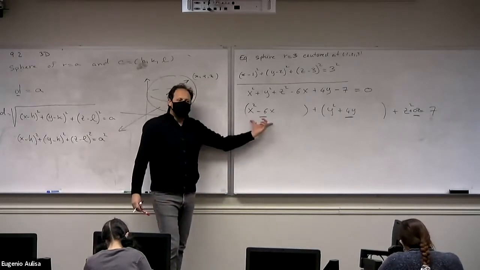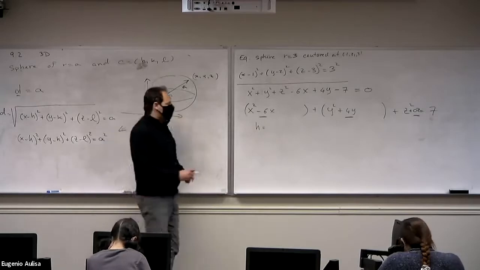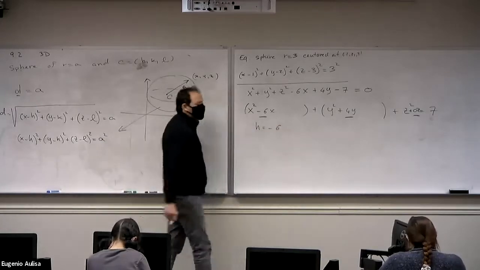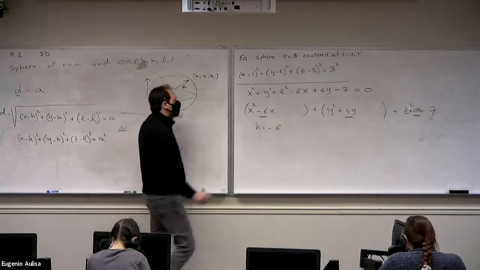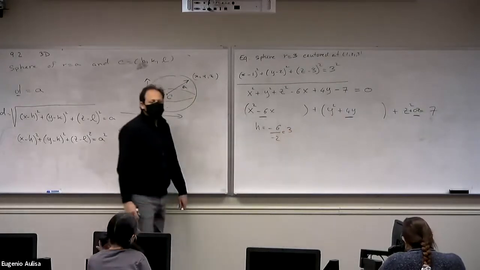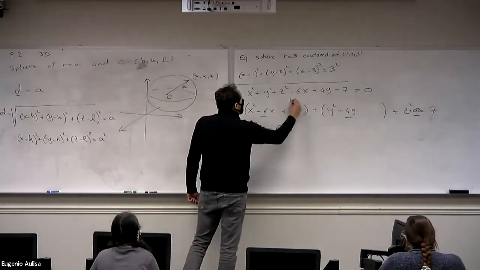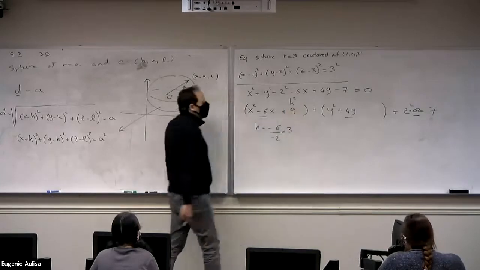You're looking at the x terms. You are going to collect −6, the coefficient in front of x, and divide it by −2. So we get 3. Here, you are going to add h squared, 9.